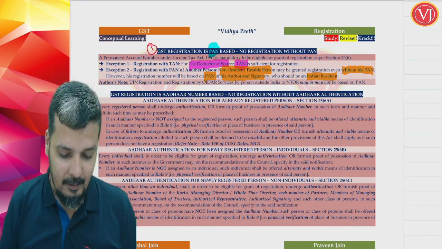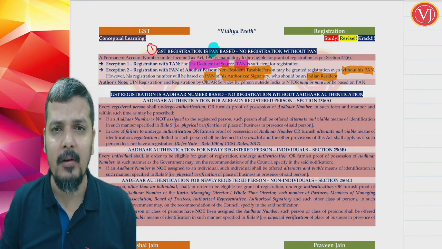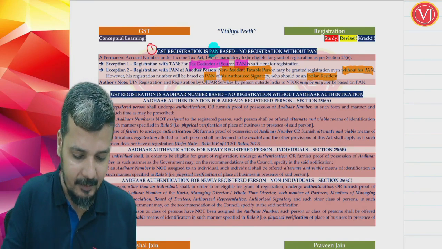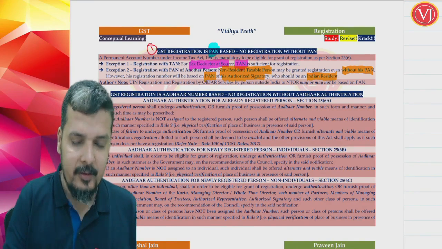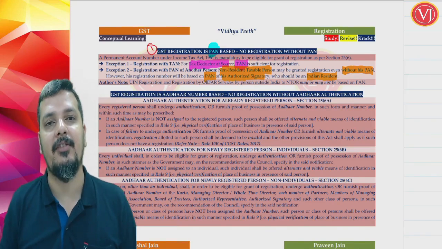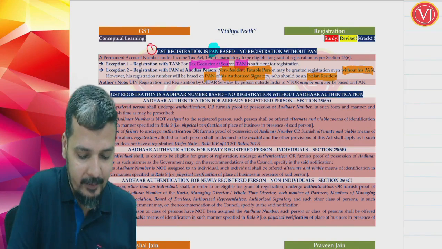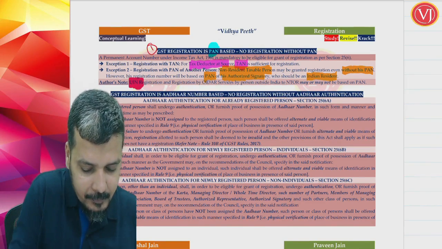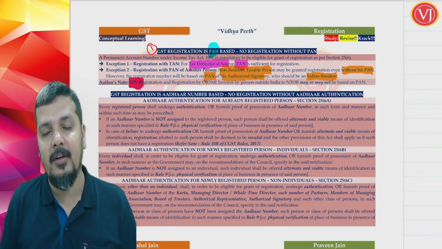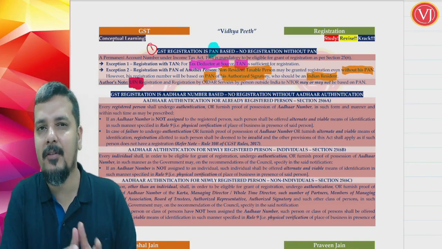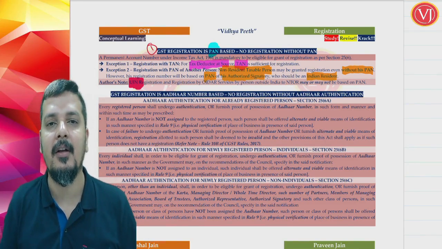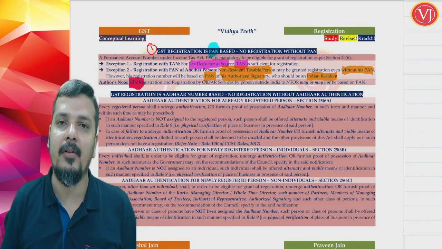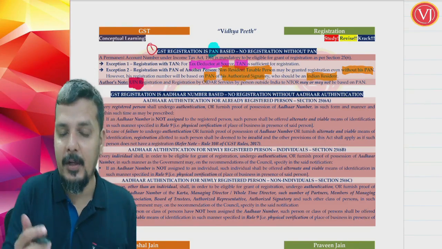Now, not only these two are the exceptions, the other exceptions are also there. You have something called as UIN number, unique identification number, which is given to international bodies. UIN number is also a special number, which means it is not a GST number, it is a separate number. It is not based on your PAN, which is given to international bodies.